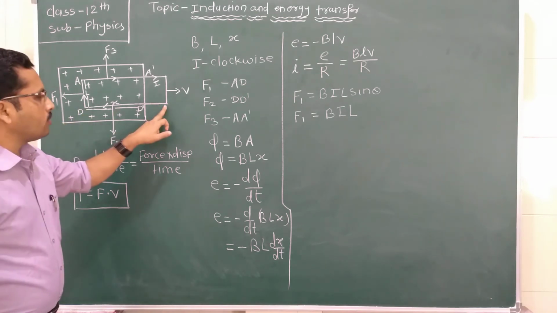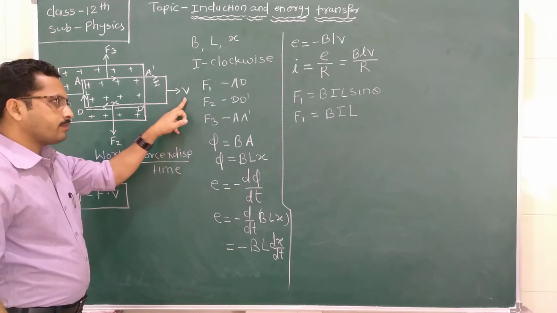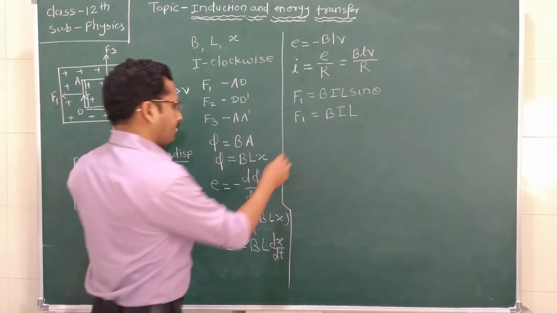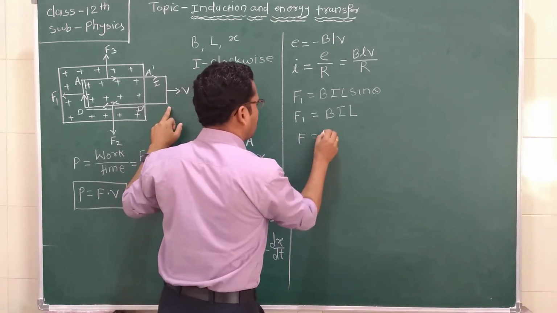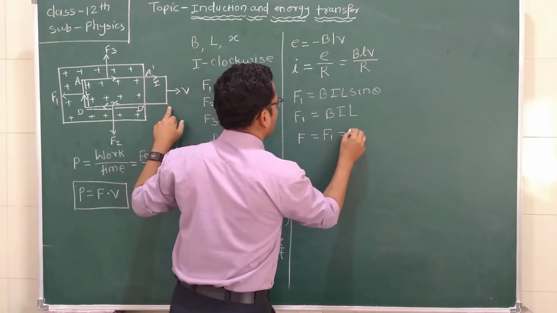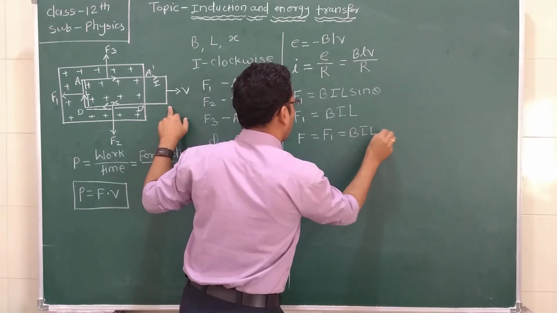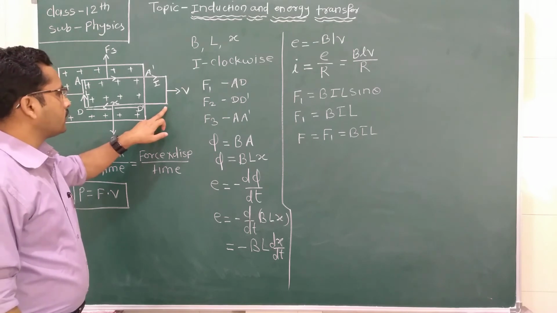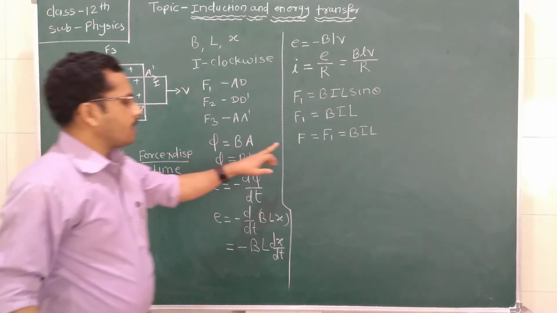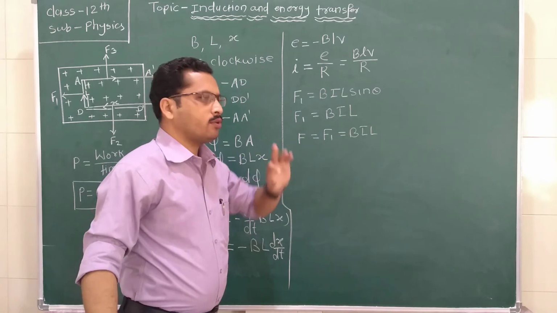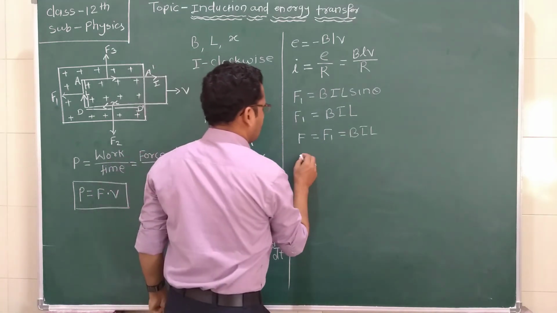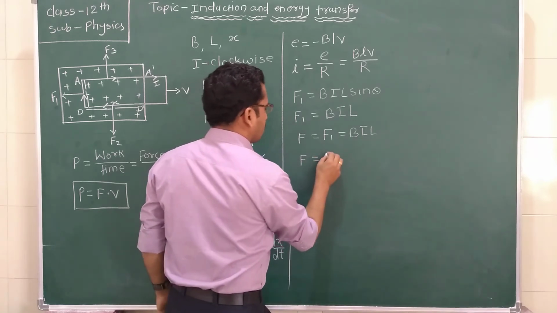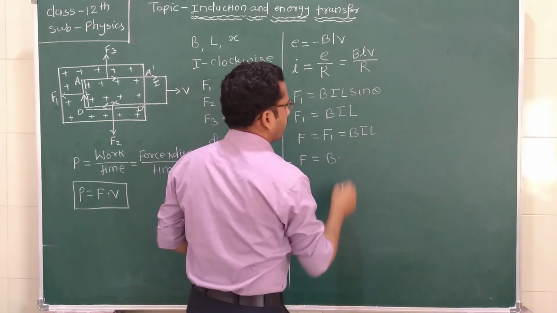To pull this loop with a velocity v, we need the same amount of force F, which is equal to F1, which is equal to BIL. Now what is I?